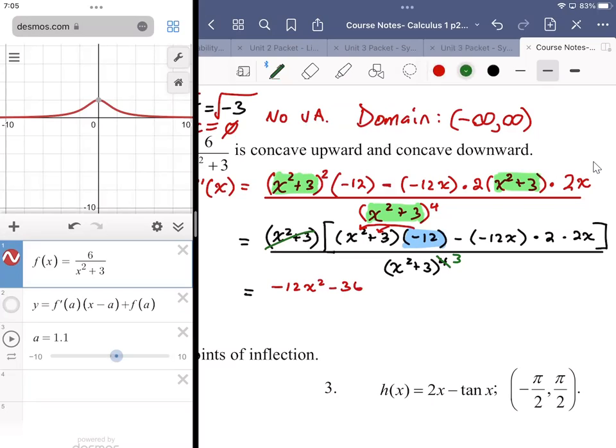These two negatives here are going to make a positive through multiplication. So 12 times 2 is 24, times another 2 is 48. So plus 48x squared all over x squared plus 3 cubed.